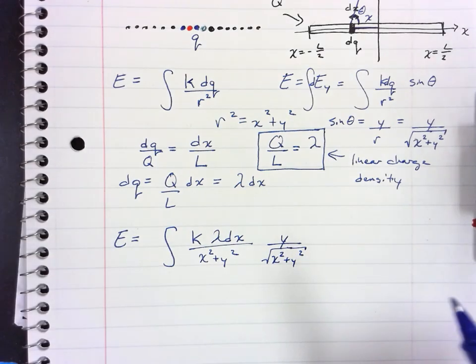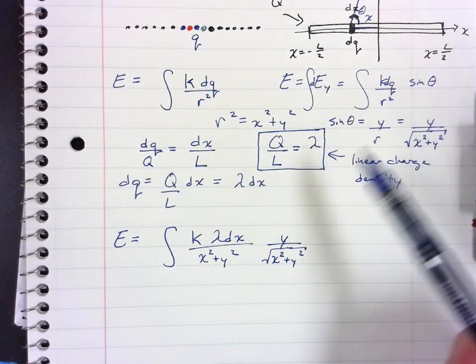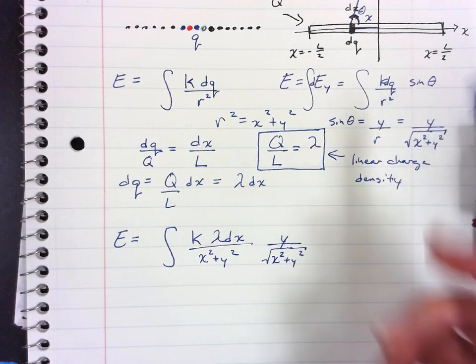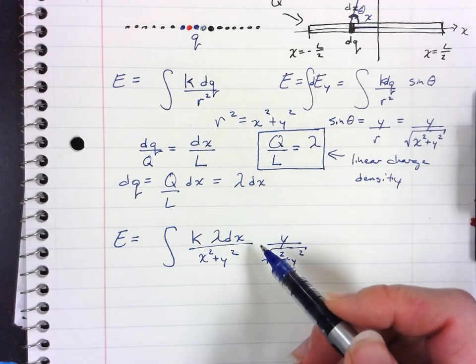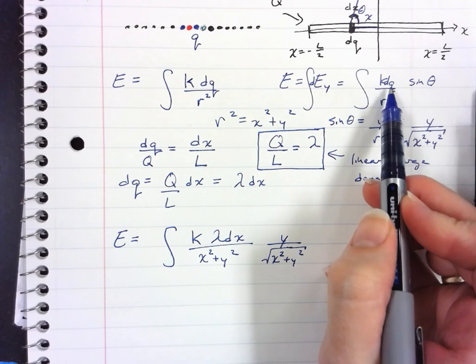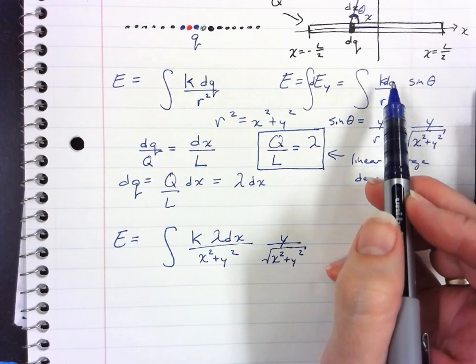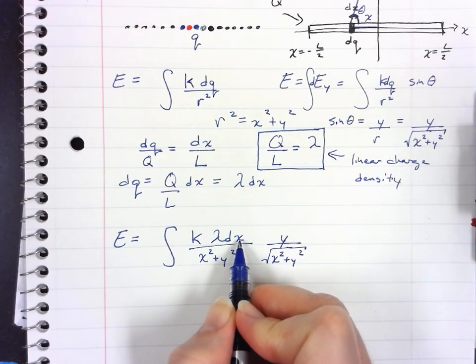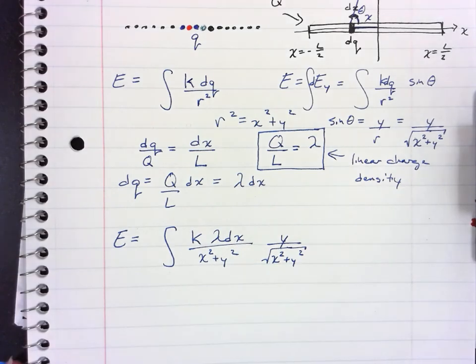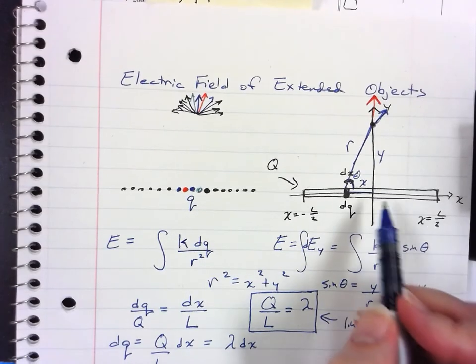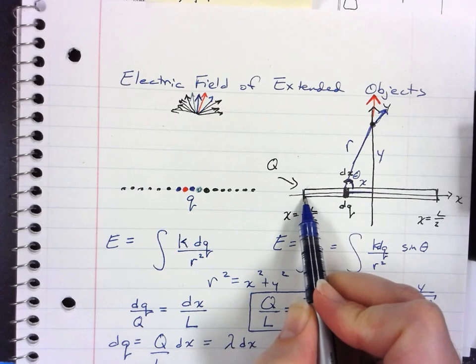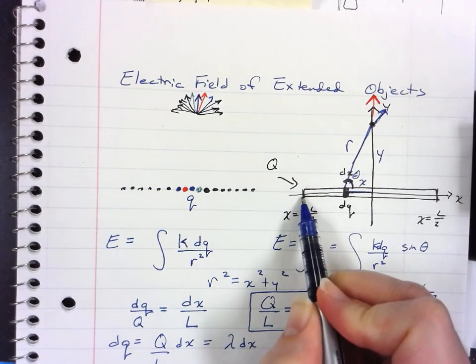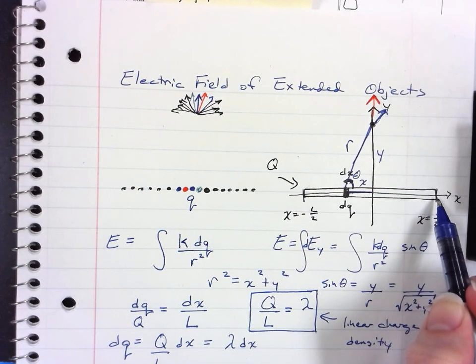Now, some of you have asked me repeatedly, why do I have to write that dx thing or that dt thing on the integral? And it's because we know what we're integrating with respect to. Here, we were adding up all the charges. Now we've made a substitution. Now we're adding up across the length. And we need to go from where x is equal to negative L over 2, the left side of the bar, all the way over here.